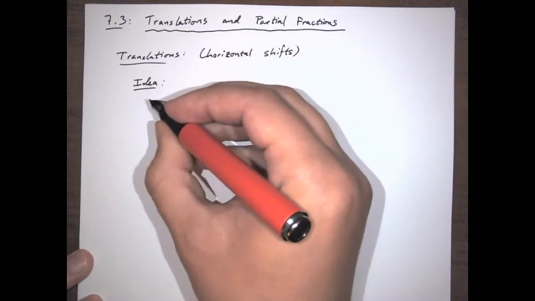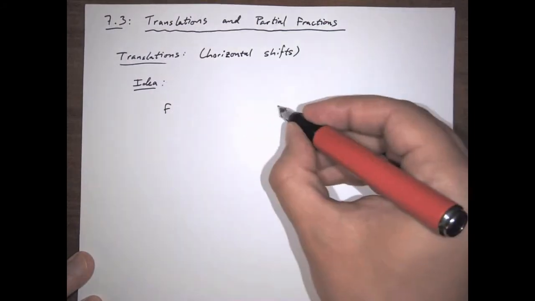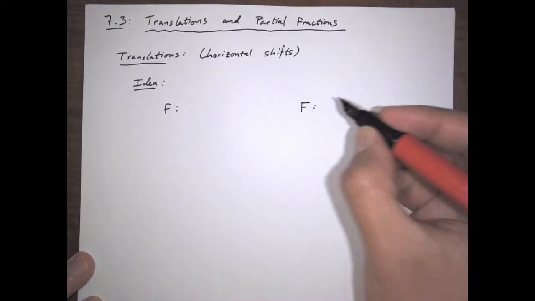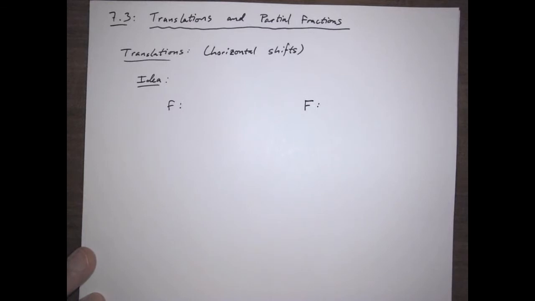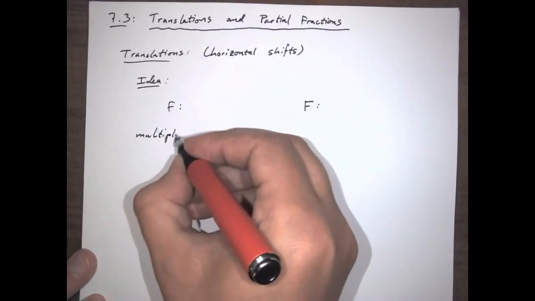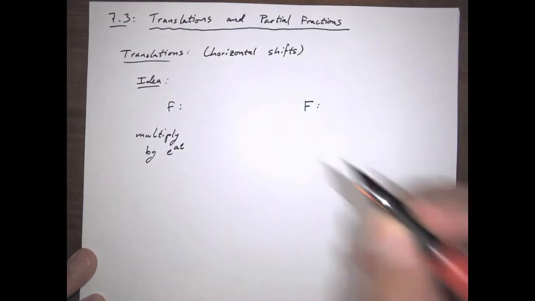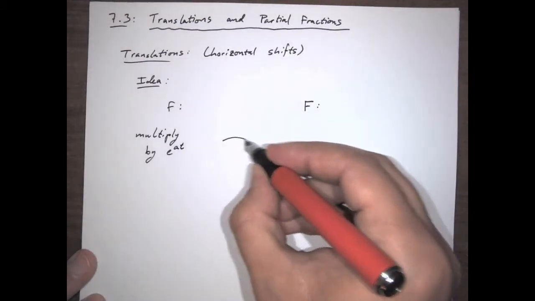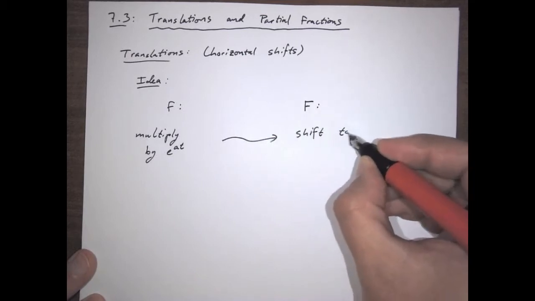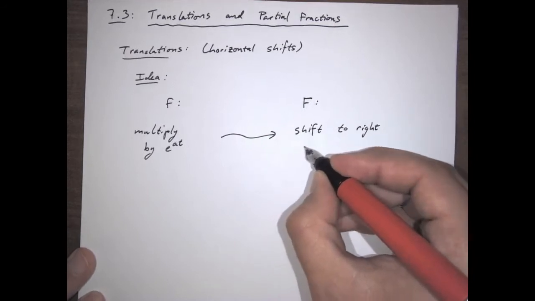When we're talking about the function versus the Laplace transform of the function, if we were to multiply by e to the at, that's the same as shifting to the right a units.